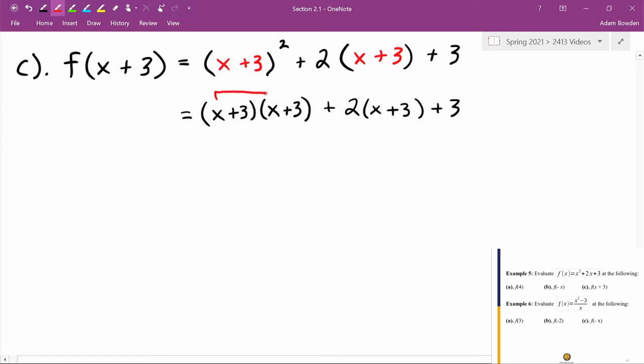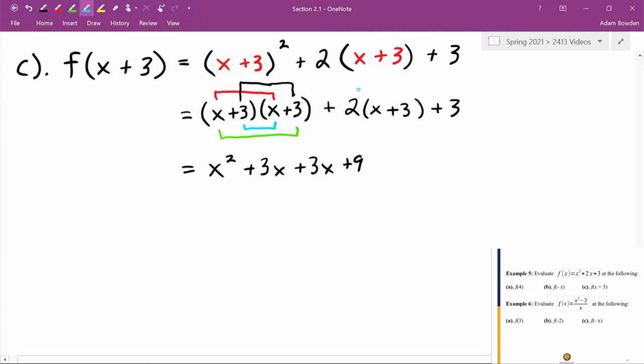So we take the first, x times x, so that'd be x squared. The outer would give us a 3x. The inner would be another 3x. And then the last, 3 and 3 multiplied together. So at the end we'll have a plus 9.